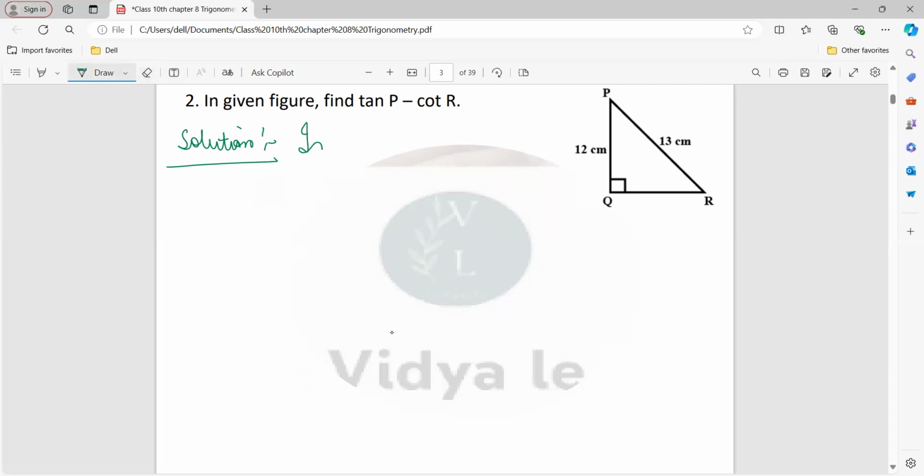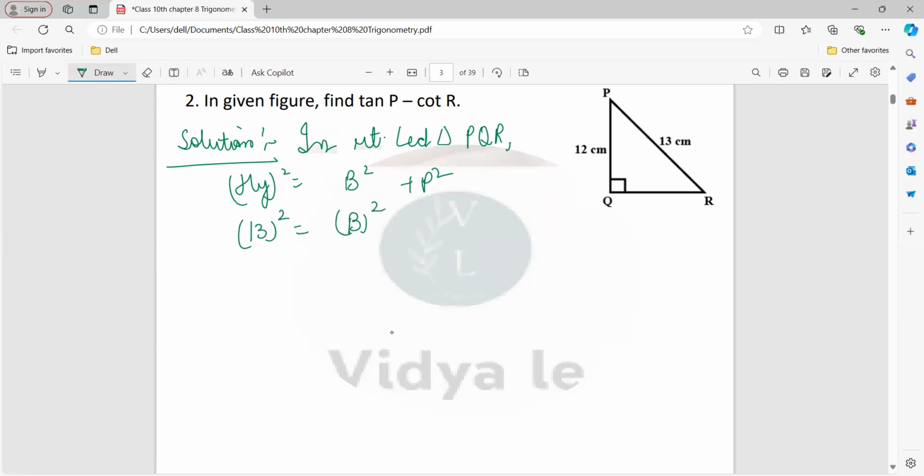In right angle triangle PQR, hypotenuse square equals base square plus perpendicular square by Pythagoras theorem. The hypotenuse this time is 13 square, the base we need to find out, and the perpendicular is 12 square.